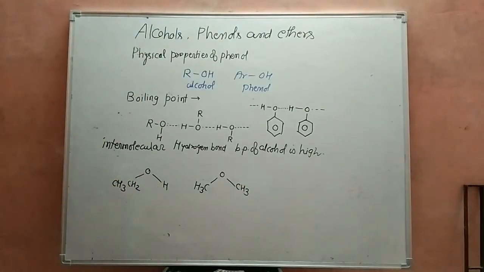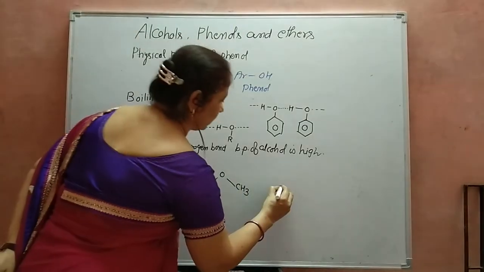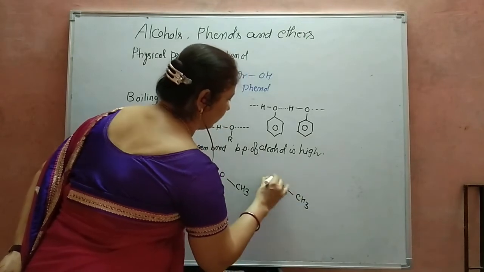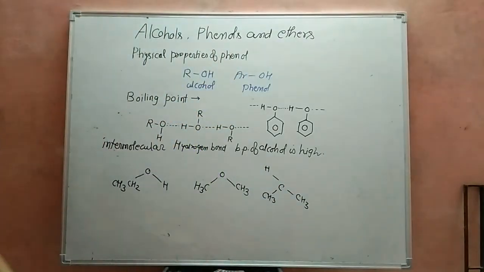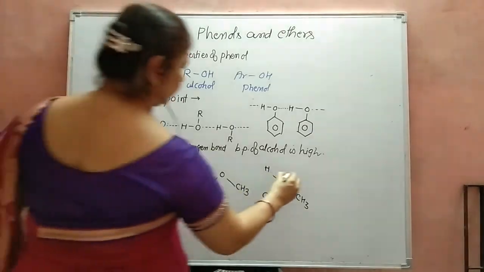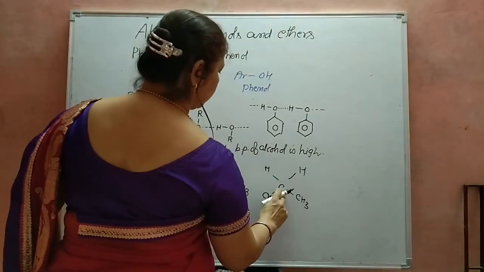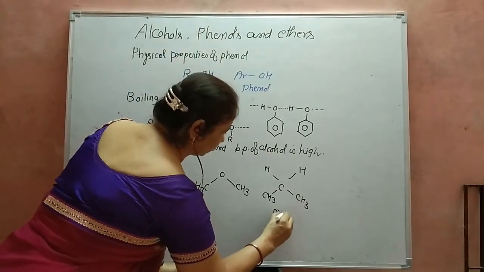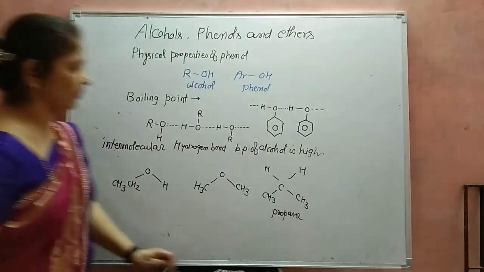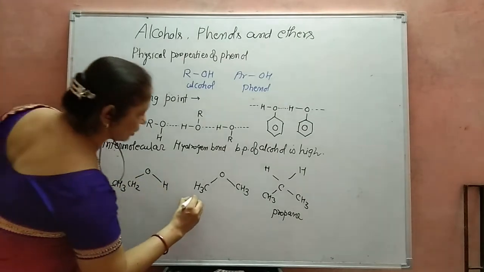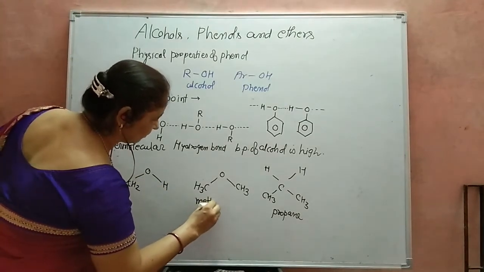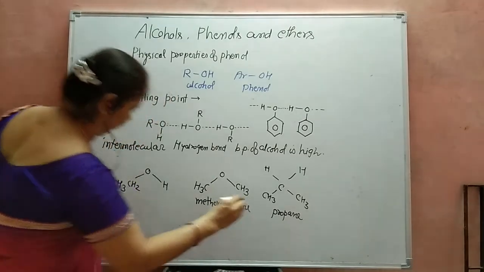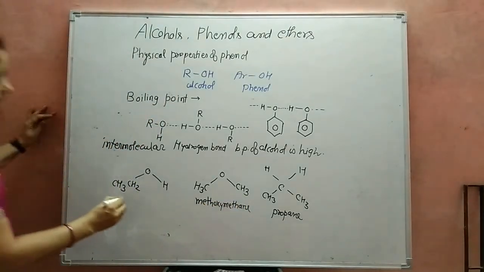And one more compound we have to form here, CH3CH2CH3. This is propane. This compound is methoxymethane. This compound is ethanol.